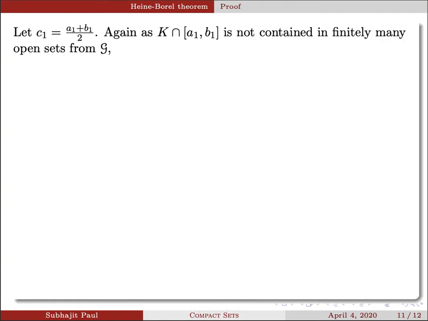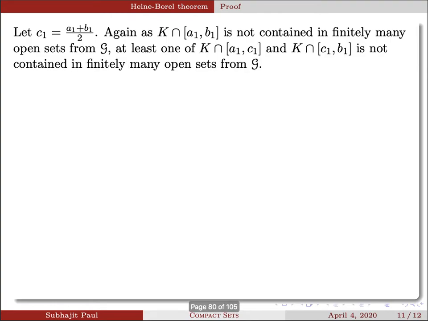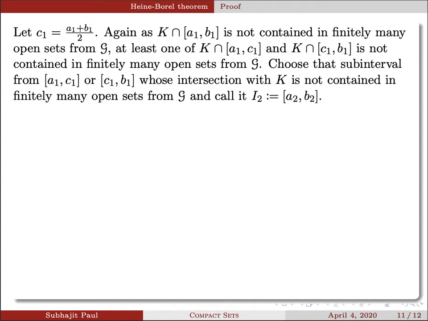Again, as K intersection A1 B1 is not contained in finitely many open sets from G, at least one of K intersection A1 C1 and K intersection C1 B1 must not be contained in finitely many open sets from G. Choose the subinterval from A1 C1 and C1 B1 whose intersection with K is not contained in finitely many open sets from G, and call that second subinterval I2 as A2 B2.